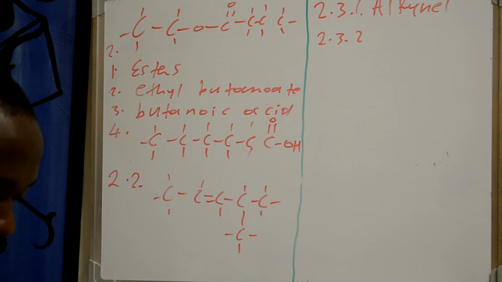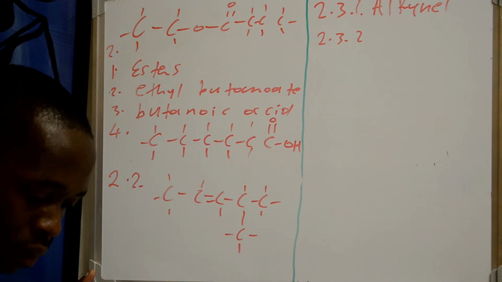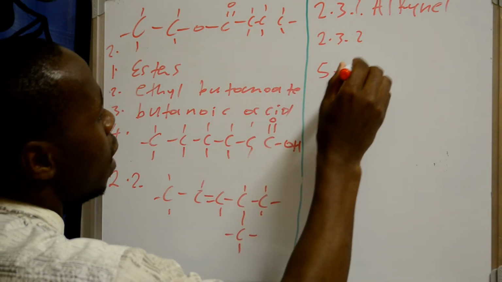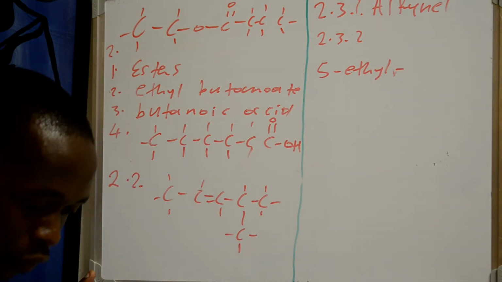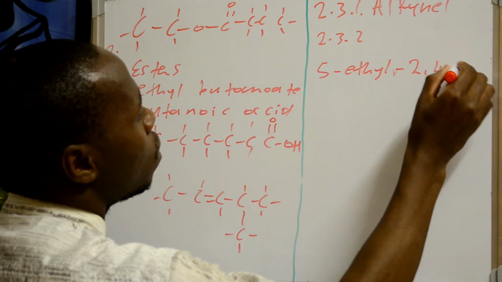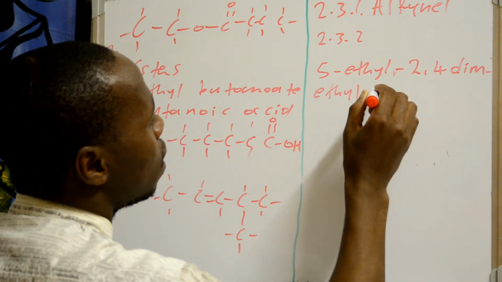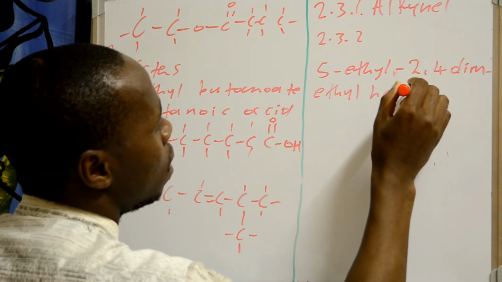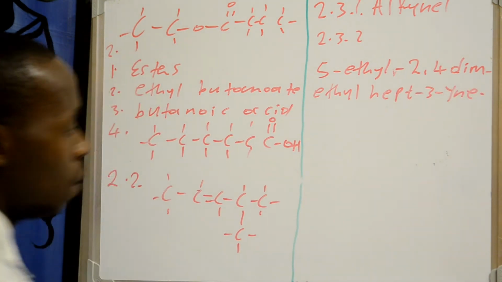Then we have an ethyl on the 5th carbon and methyl groups. So this is 5-ethyl, dimethyl hept-3-yne. This is what you will have.